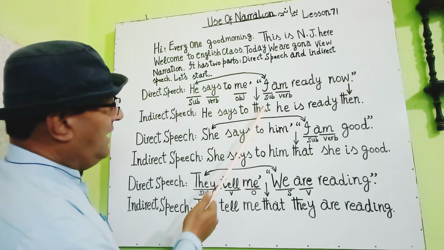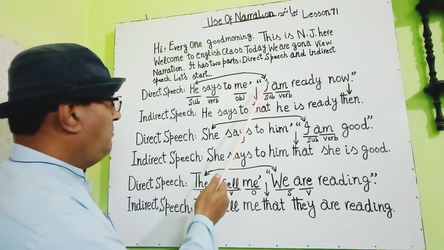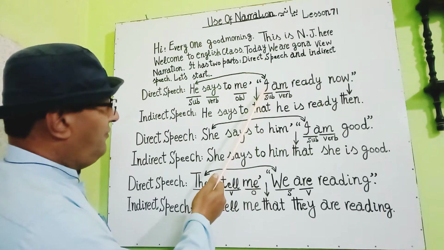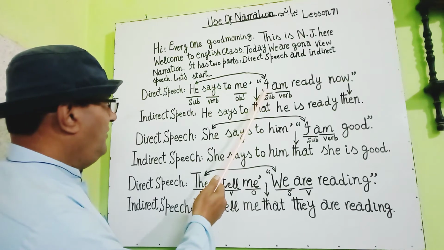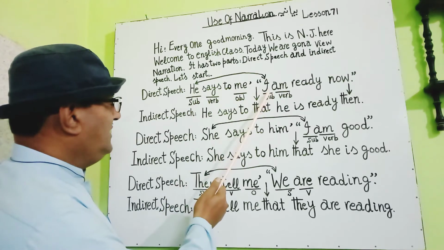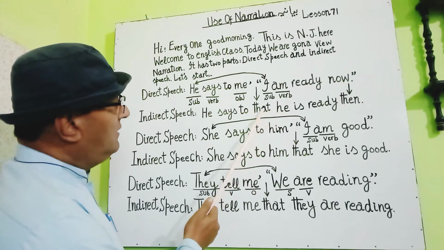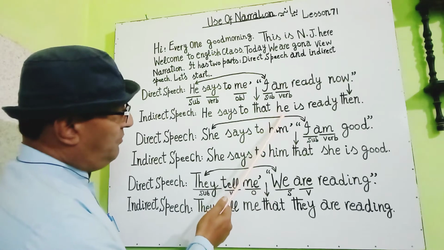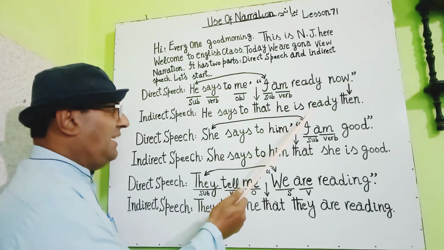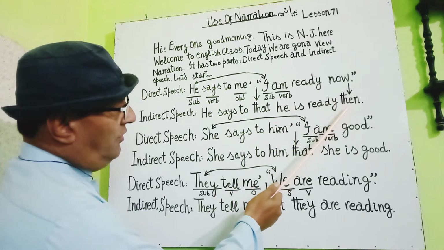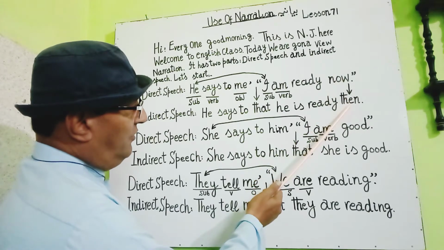By the rules of narration, I will be converted into he. So we will put here that he, and as we put he here, there will be a verb base, he is ready then. Now here we see the word now is converted into then.